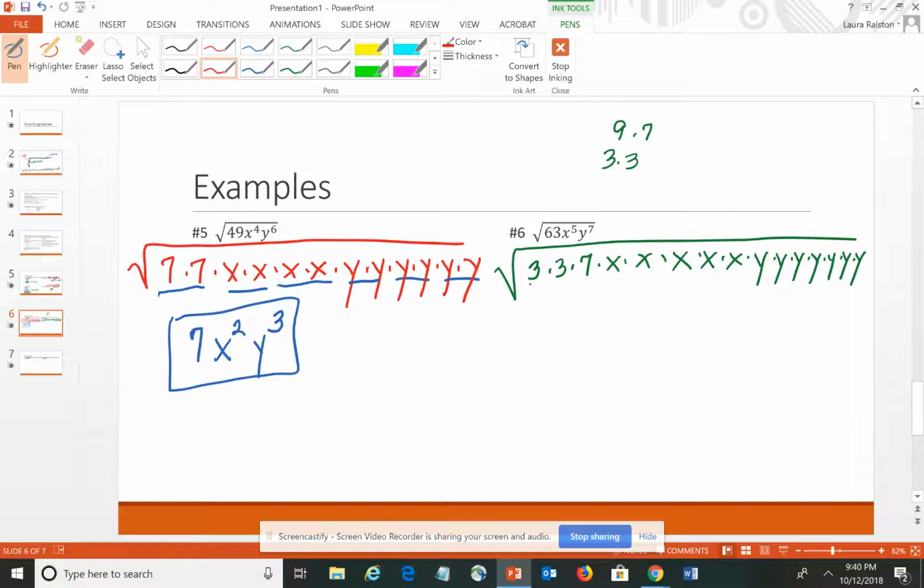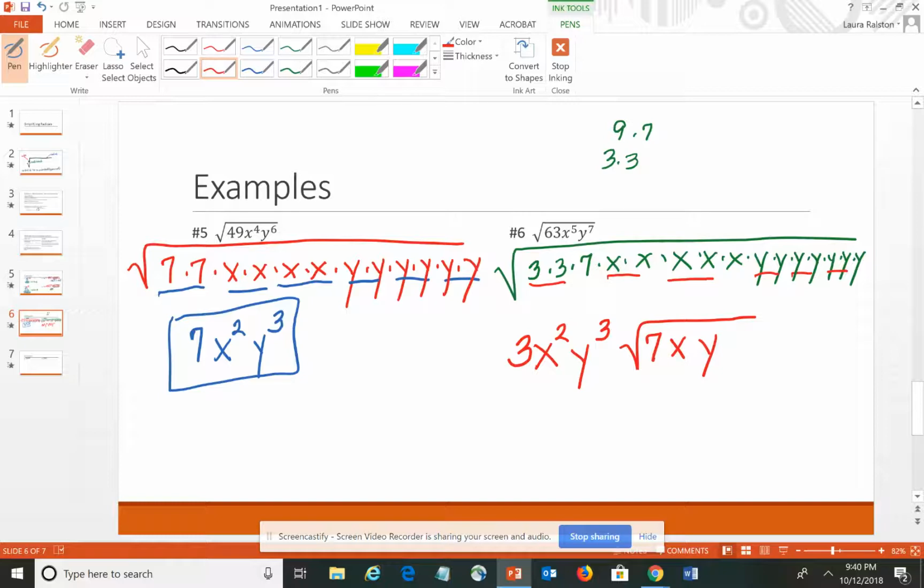So I have a set of 3's, 2 full sets of x, and 3 full sets of y, but there are some leftovers. Anything that's a full set gets released. So I get a 3, 2 x's, 3 y's, but then left under the radical I have a 7, 1 x, and a y.